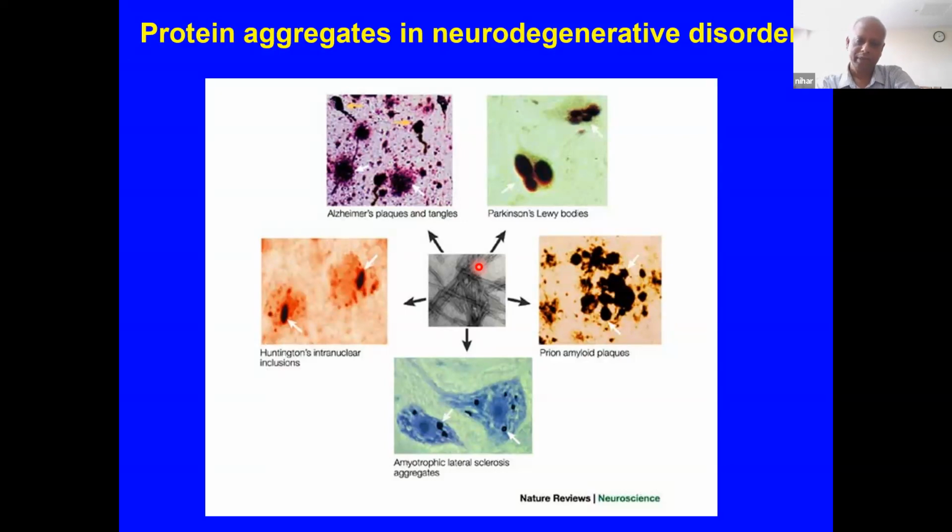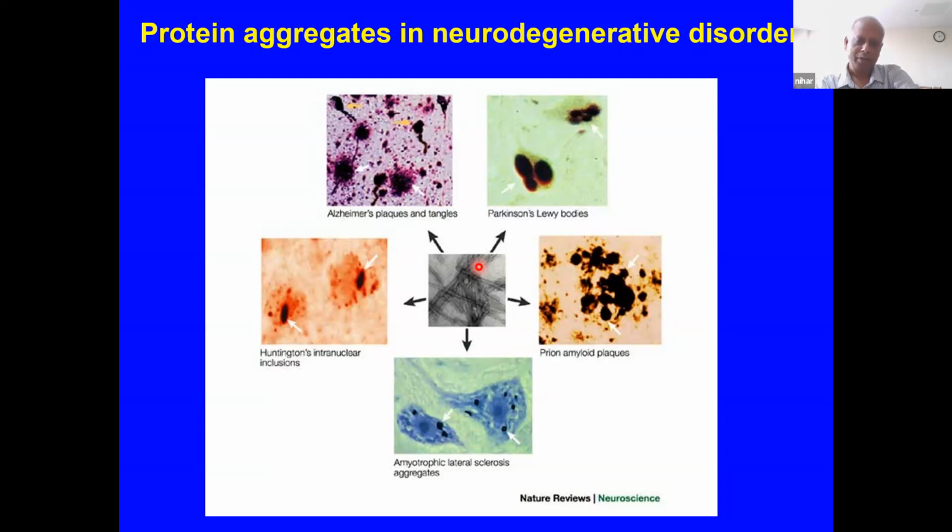And if you look at the current trend, you will see there are three different aspects people are primarily working on, based on the mechanism of aggregate formation. One could be cross-seeding phenomena. You could think about prion-like propagation of the amyloid structures or amyloid aggregates, or, more recently, liquid-liquid phase separation.